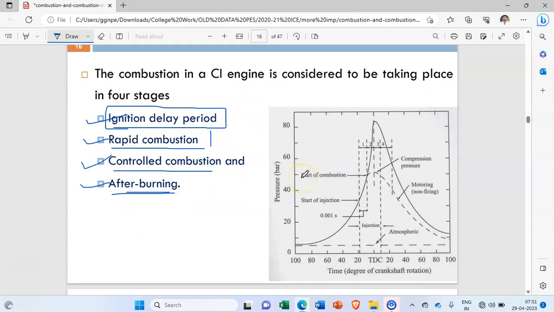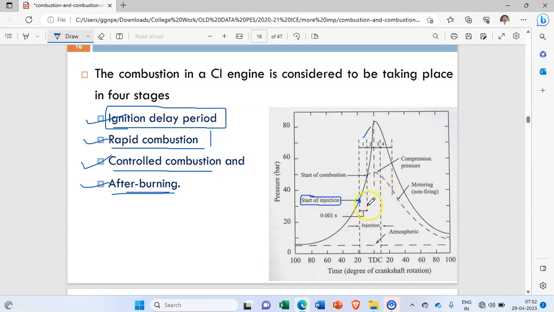Now let us see in the graph where these stages are. At the starting, point number 1 is given here. From this point, let us consider this is point A and this is point B. What is point A? The start of injection of the diesel takes place inside the combustion chamber during compression, some degrees before TDC.